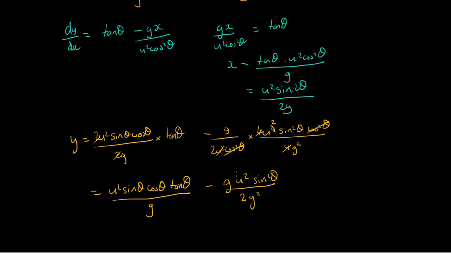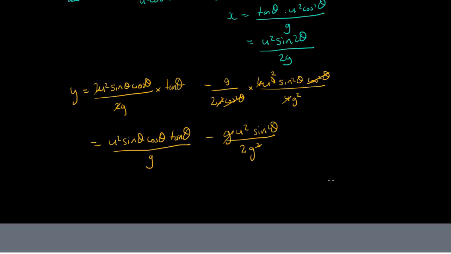Well, there's 2 from this 2 over here, and this g squared cancels with this g. Sine theta cos theta tan theta: well, tan theta is sine theta divided by cos theta, so that cos theta is going to cancel with this cos theta, and the sine is going to end up being a product with this sine. So we're going to end up with u squared sine squared theta divided by g, minus u squared sine squared theta divided by 2g. So our final term is going to be equal to this, subtract this, which is u squared sine squared theta divided by 2g.